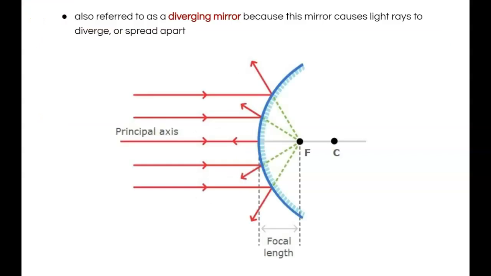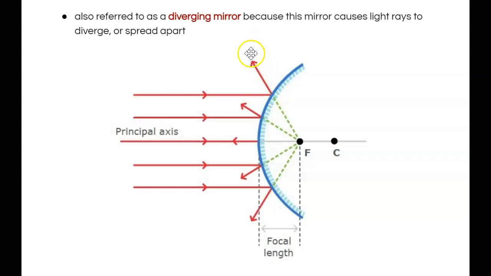Just as a concave mirror is referred to as a converging mirror because the light rays come together, a convex mirror, here's the convex surface, is referred to as a diverging mirror because the light rays diverge, meaning move apart. The mirror is going to cause those incident light rays to move apart from each other.